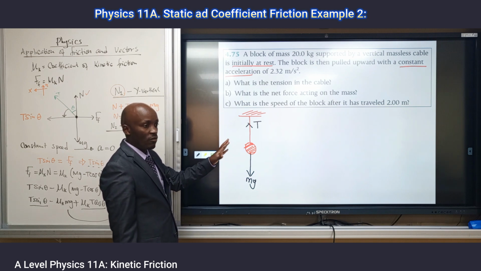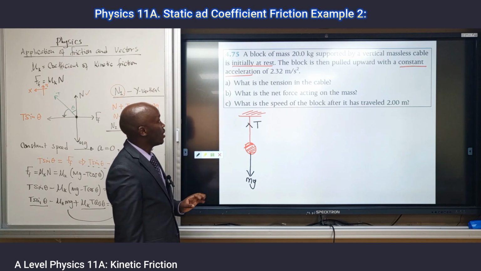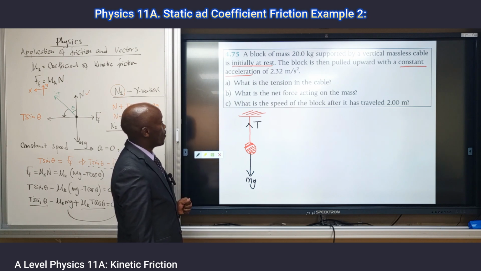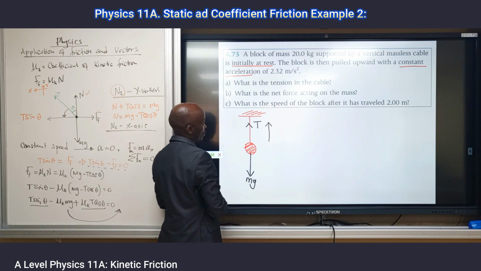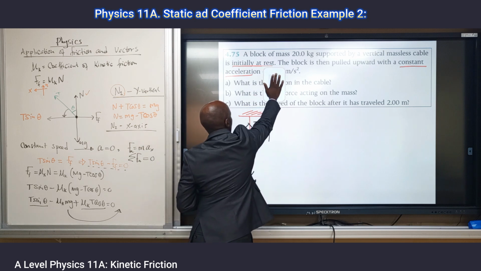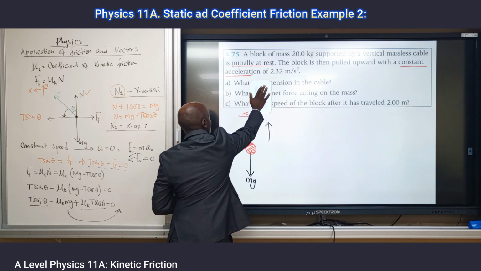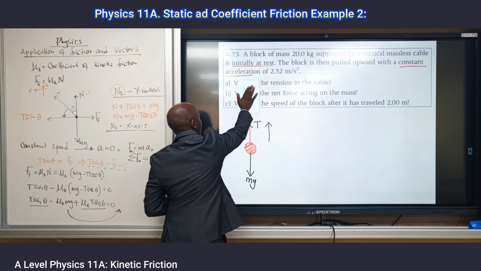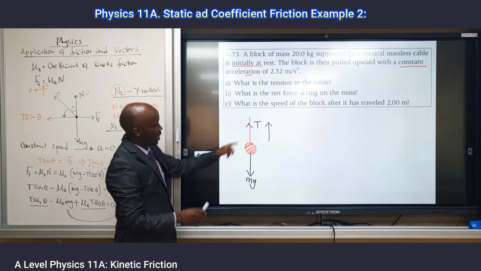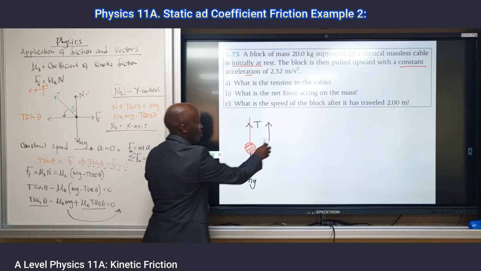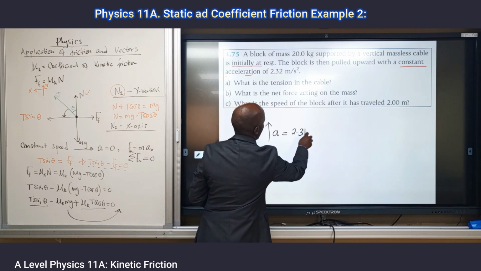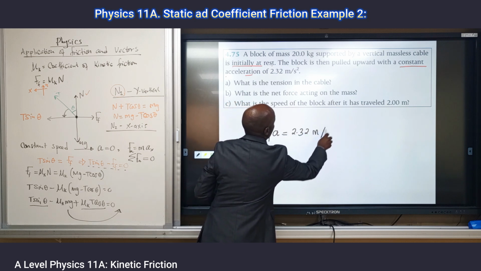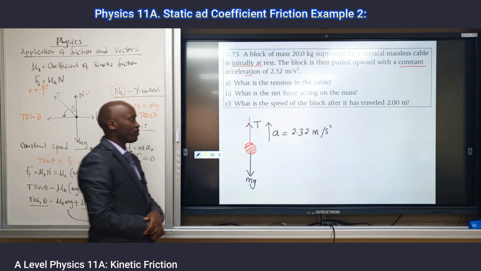We just have a simplified system like this one. So this system is going to be moving up. We're also going to remove the idea that it is stuck, because it's moving up with an acceleration equal to 2.32 meters per second squared.